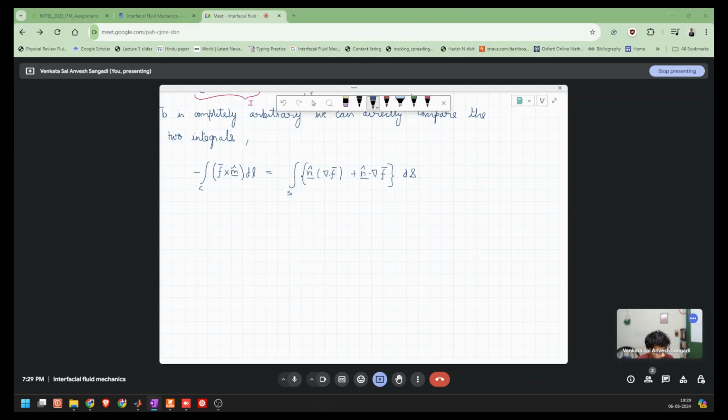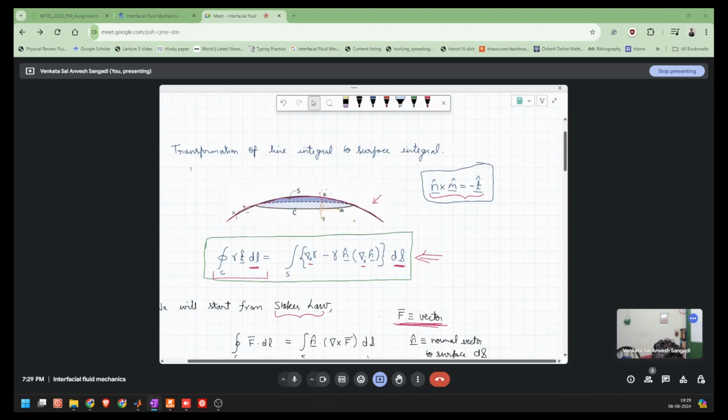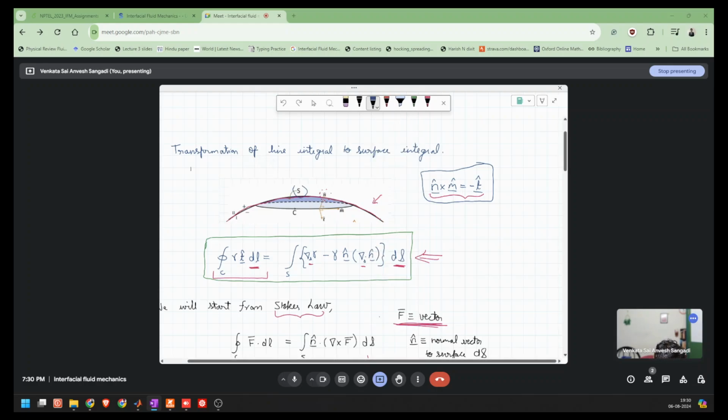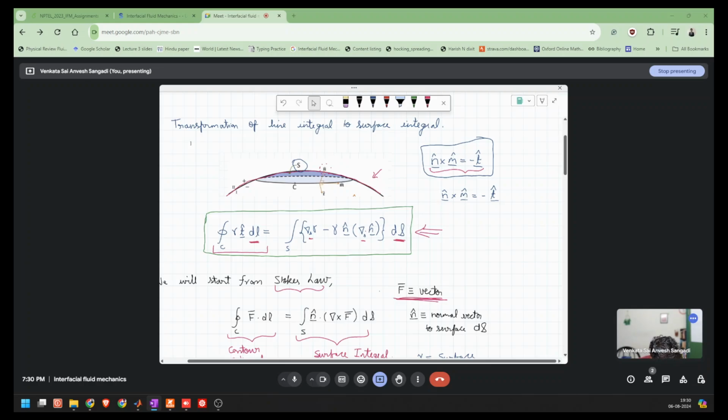So now we'll use the fact that we have F cross M. For the surface S, we know a priori that n hat cross m hat is equal to negative of t.